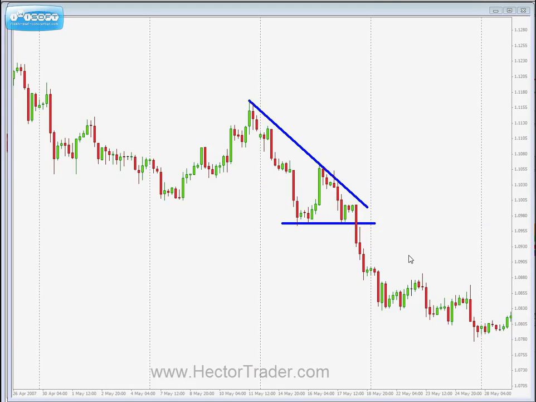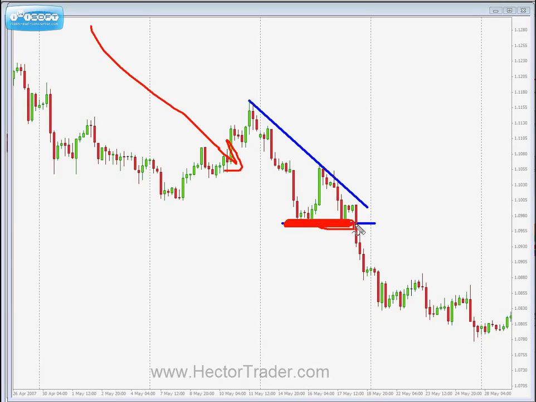So basically that's the idea, the logic behind what a flat bottom or a flat top triangle is. Always remember, in the direction of the main trend you have a clear level that's working as the bulls' last line of defense. This is the key level to keep an eye on.